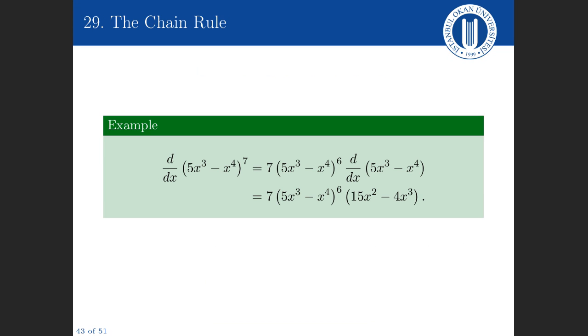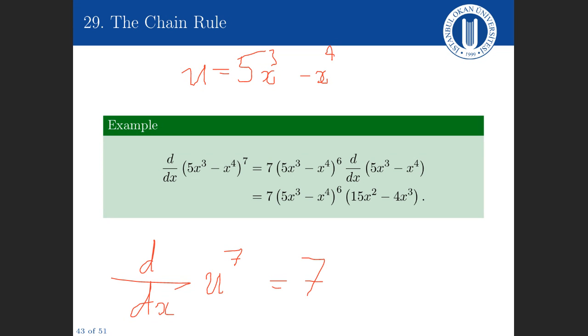For example, d dx of 5x cubed minus x to the power 4, all to the power 7. In this example, we're going to have u is 5x cubed minus x to the power 4. And then we're going to be doing d dx of u to the power 7, which of course is 7u to the power 6, multiplied by du dx.